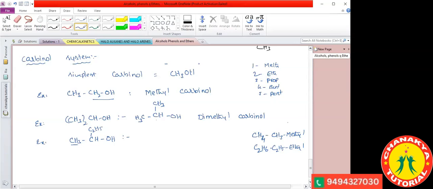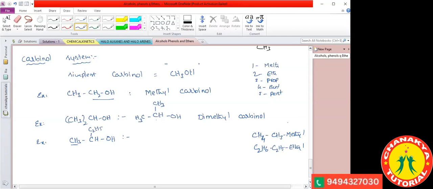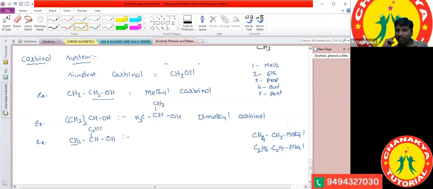So whenever two different substituents are there, we write the names in alphabetical order. Your class names in the school register are in alphabetical order only, right? Yes. Similarly, if different alkyl groups are attached to the carbinol, we write their names in alphabetical order.